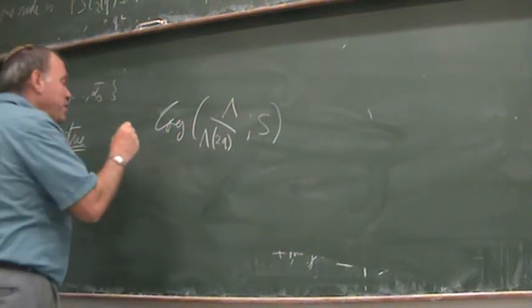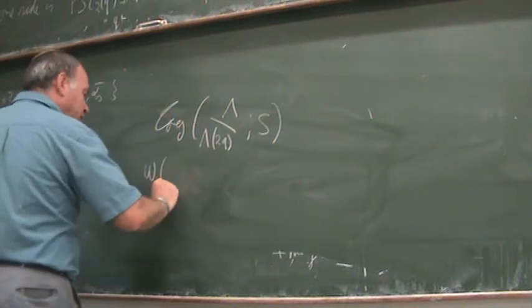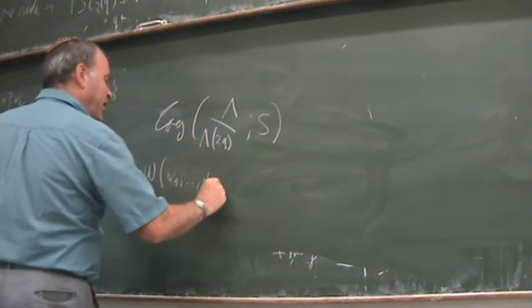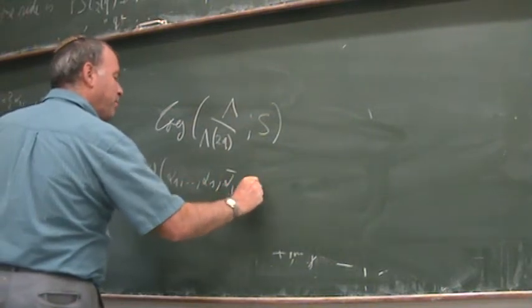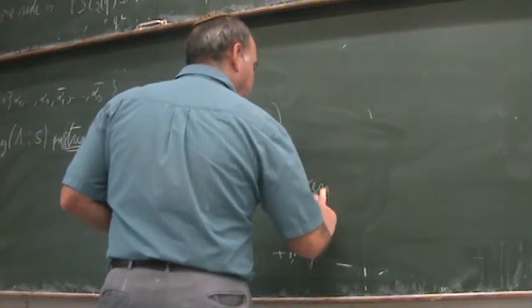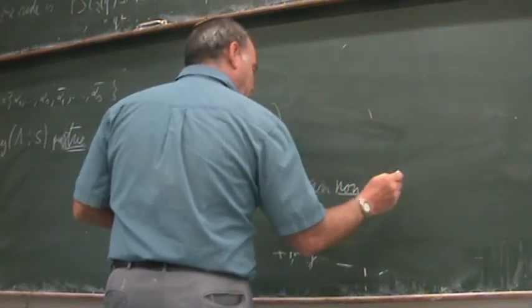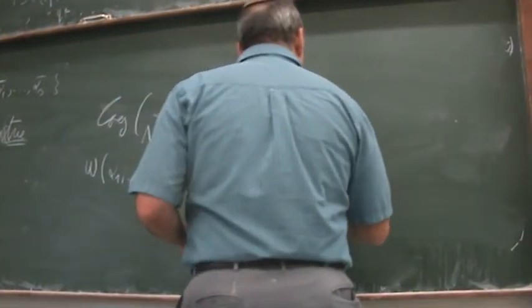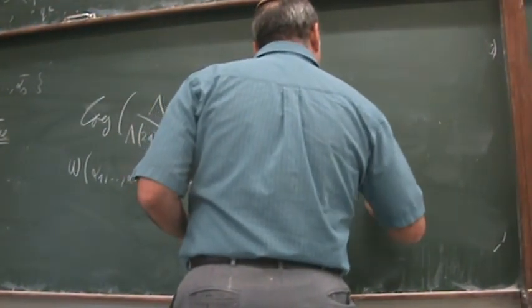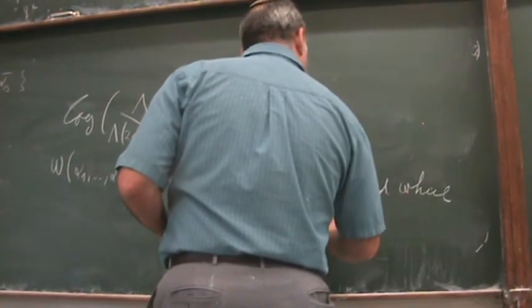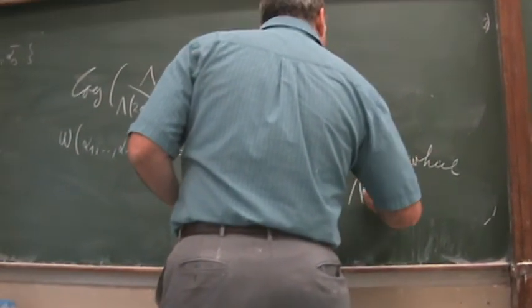A loop here really means that you have a non-reduced word in alpha 1, alpha s, alpha 1 bar, alpha s bar, a non-reduced word, because that's what we want. We are not allowed to backtrack. A non-reduced word which is trivial in Lambda(2q).